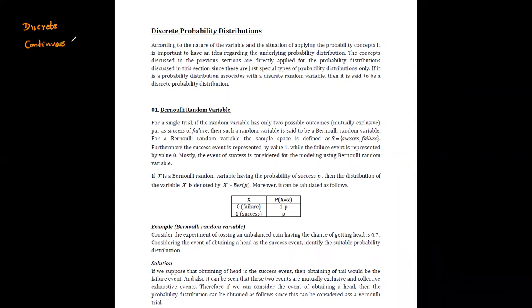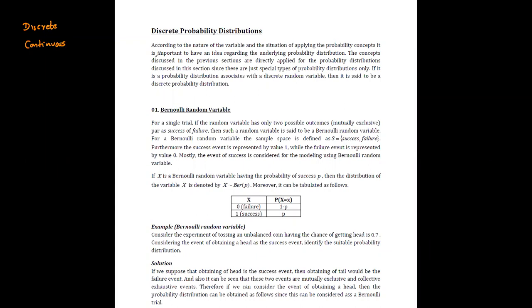Therefore, according to the nature of the variable that we are using, when we are applying underlying probability concepts, we have to pay attention to the discrete probability distribution as well as the continuous probability distribution.